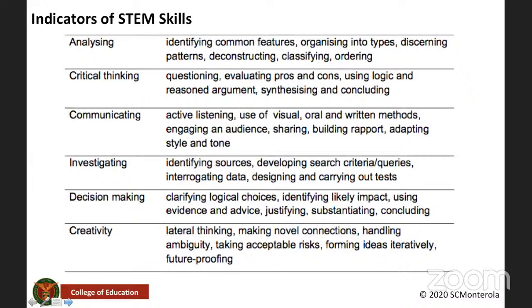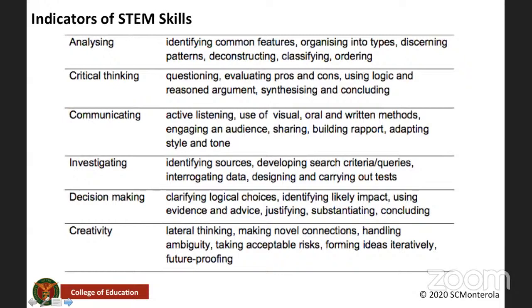Decision making: clarifying logical choices, identifying likely impact, looking at evidence, looking at justification, substantiating some claims, for example. These are all part of decision making. And we've heard so much of creativity.